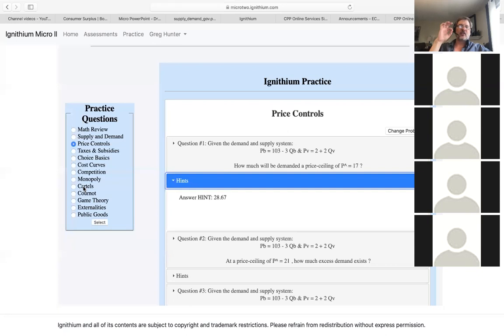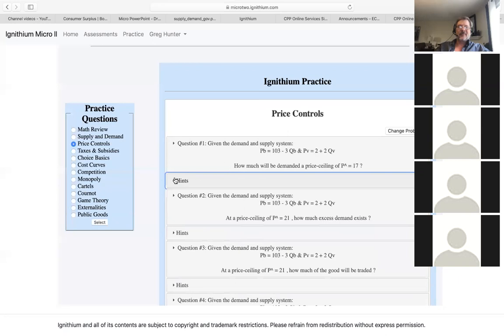So if you don't know the equilibrium price, you can't tell if the price ceiling is going to be binding or not, because a binding price ceiling is one that's below the existing equilibrium. If the price ceiling was set above the equilibrium, it wouldn't be binding and it wouldn't have any impact on the market.